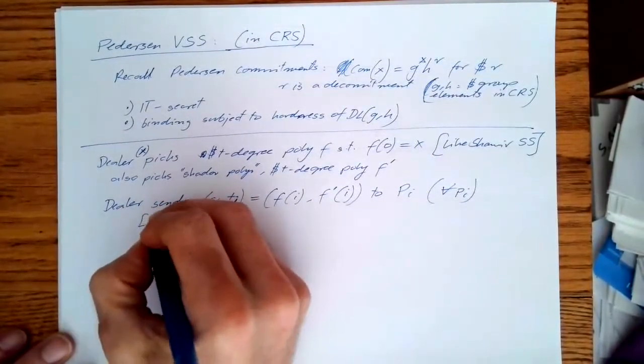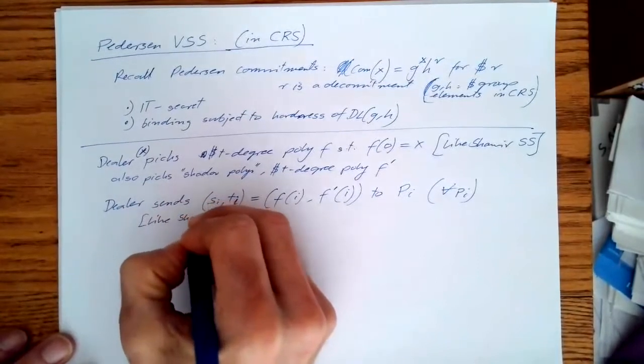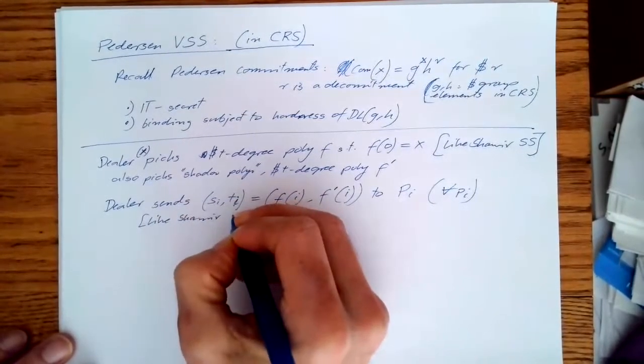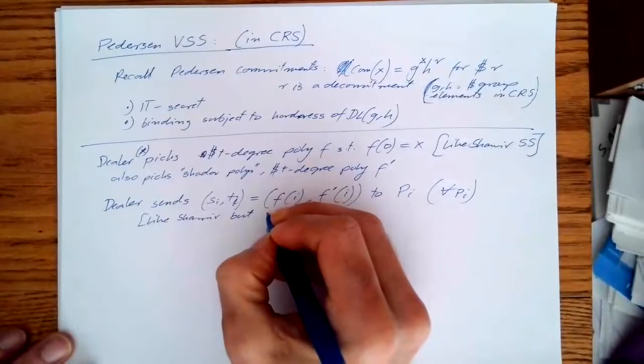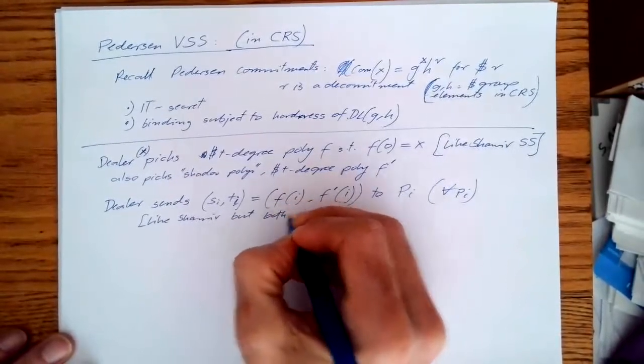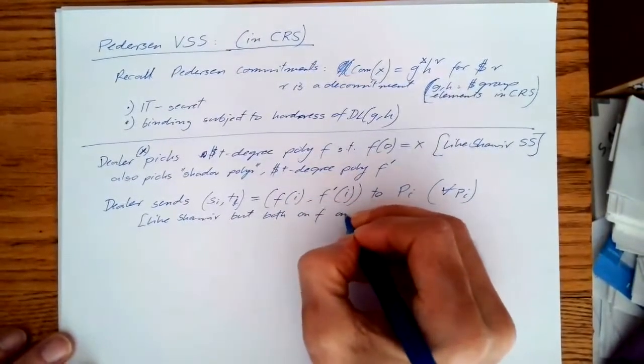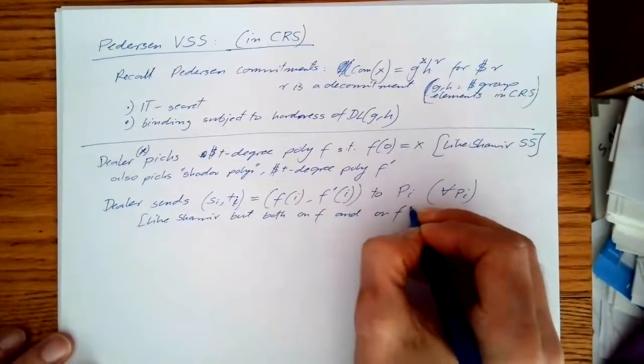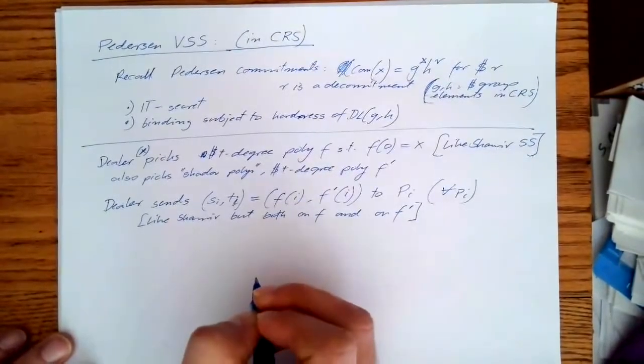So, like Shamir, but both on f and on this shadow polynomial f prime.